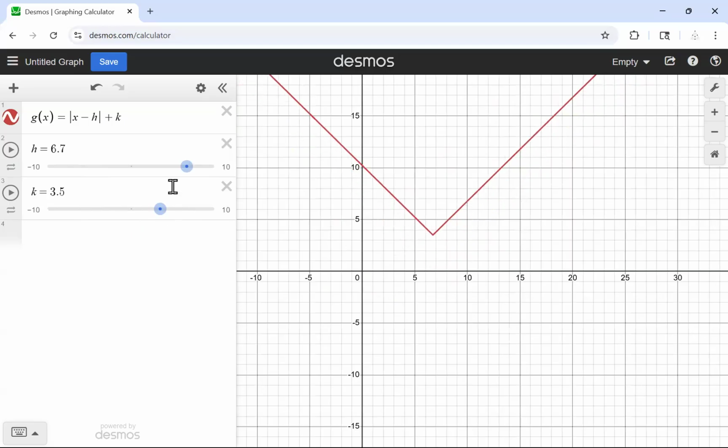Remember, positive k moves up, negative k moves down. We have x minus h, and if I have a minus h, then a positive h moves right, negative h moves left if it's x minus h.